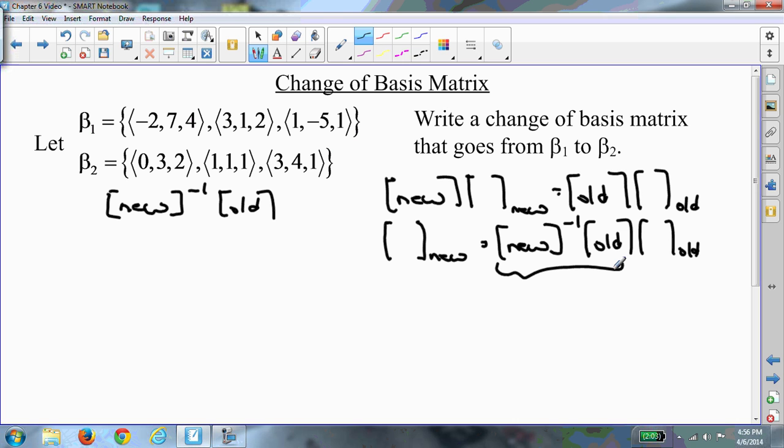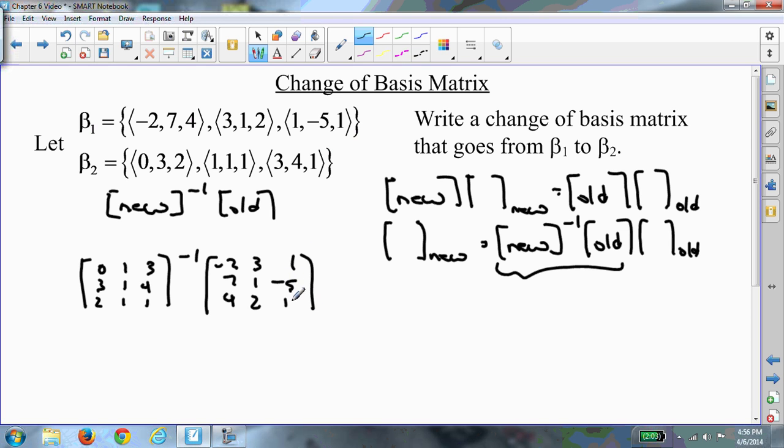So for this particular problem, the change of basis matrix would basically, let's say, I'm going from B1 to B2. So B2 is my new basis system. So it's going to be [0, 3, 2; 1, 1, 1; 3, 4, 1] inverse, times the old basis [negative 2, 7, 4; 3, 1, 2; 1, negative 5, 1].